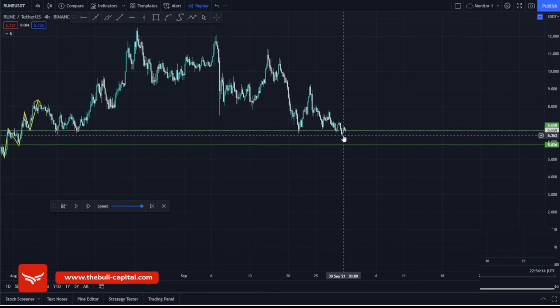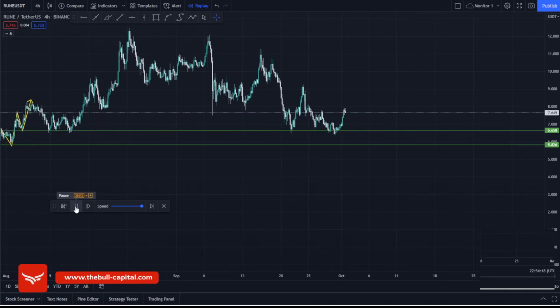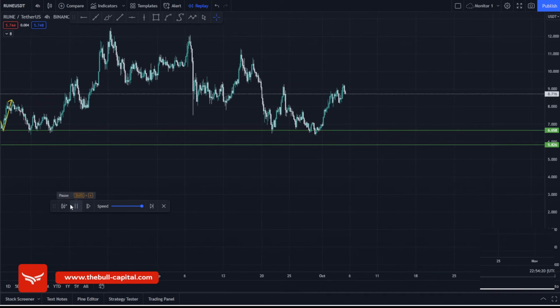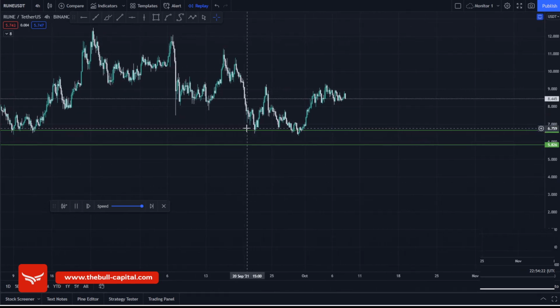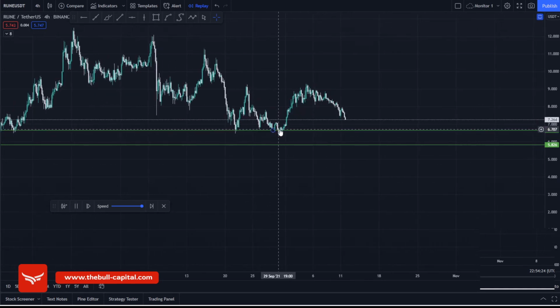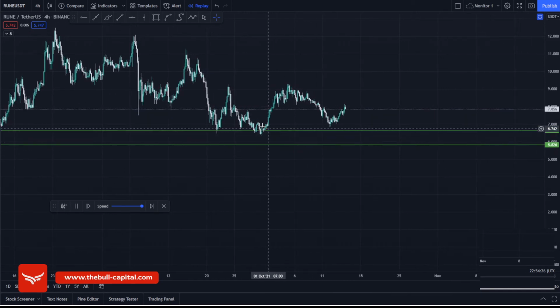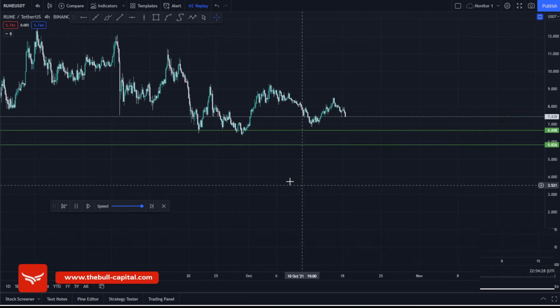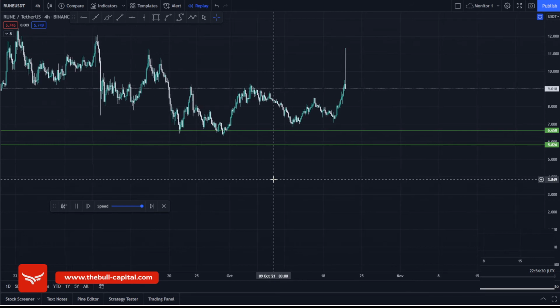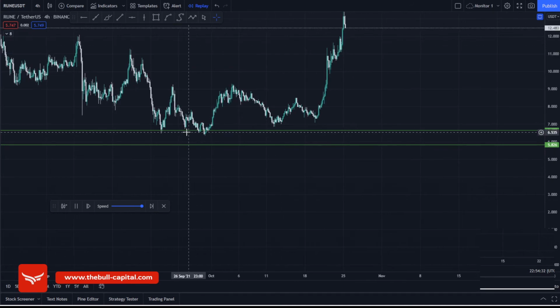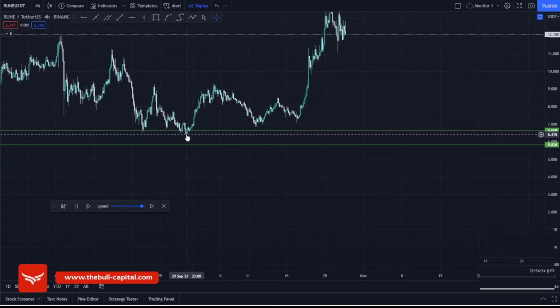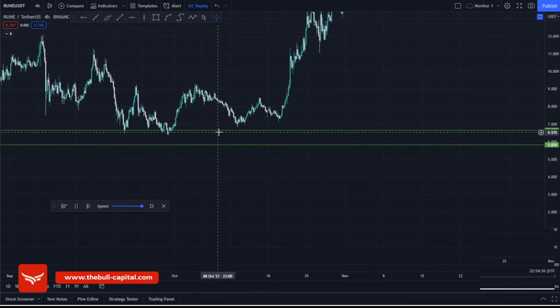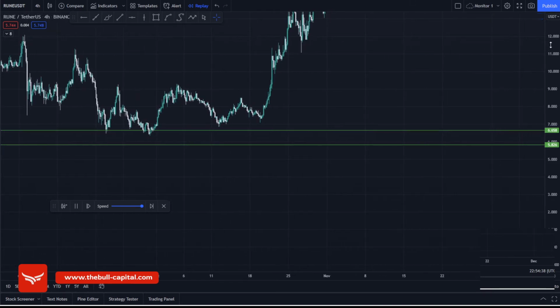So actually here it broke down, and the next time it's just going to break it. It's going to go even lower. So now it's not a level that you're going to rely on anymore.